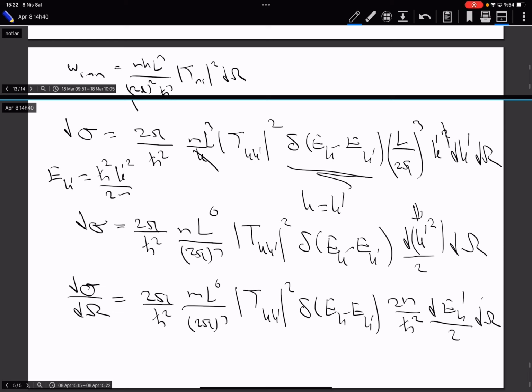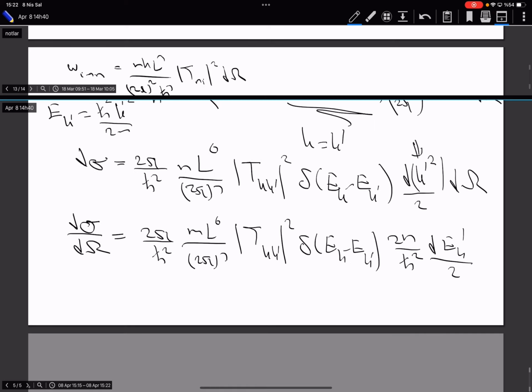The d omega is on the other side. Now I can use the Dirac delta to integrate over E_k prime. This will be, let's see if I didn't miss any factors somewhere on the way.